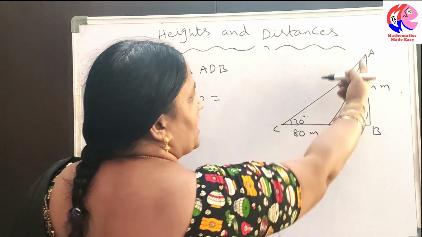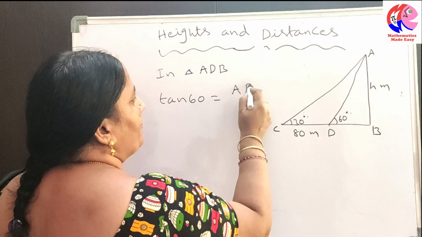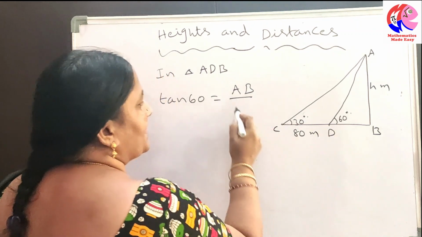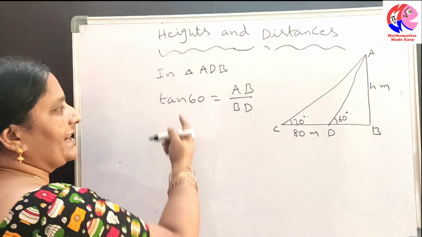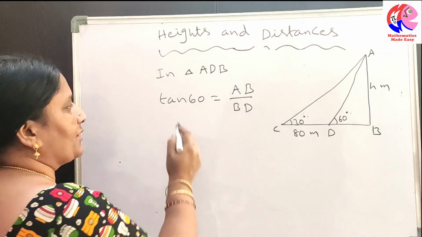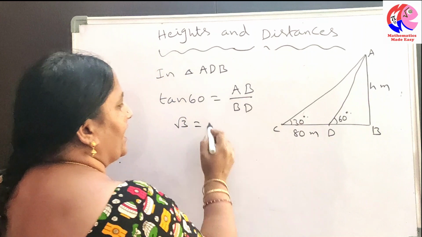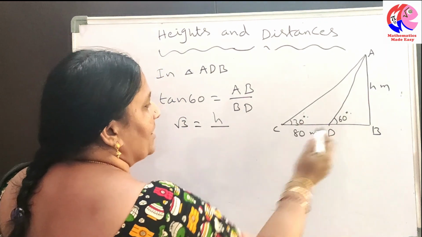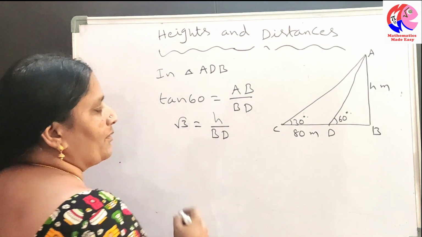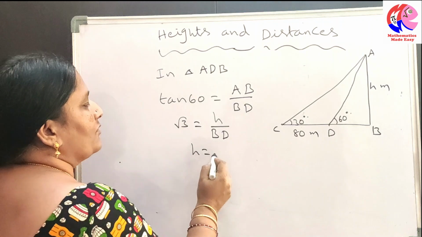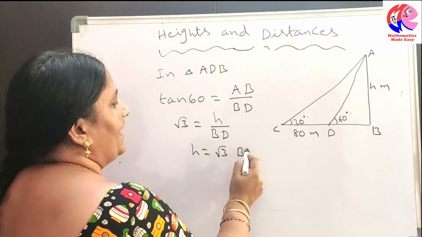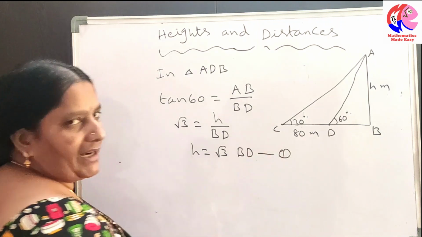So for 60 degrees, the opposite side is AB and the adjacent side is BD. But we know that the tan 60 degrees value is root 3. So root 3 is equal to AB, which we have taken as h, by BD, which we do not know, let us say BD only. So h is equal to root 3 BD. Assume it as equation number 1.